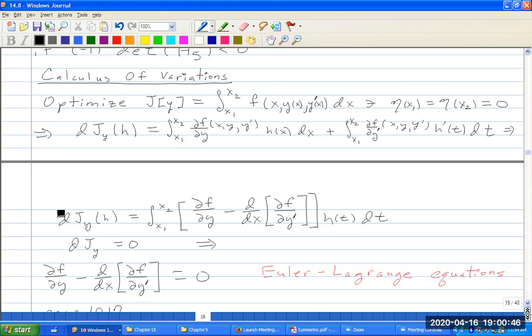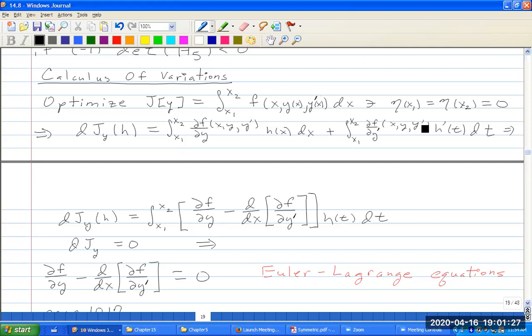Then the differential that we defined a few sections ago, dJ, is just equal to the integral from x1 to x2 of the partial of f with respect to y, times h, plus the integral from x1 to x2 of the partial of f with respect to y prime, times h prime.